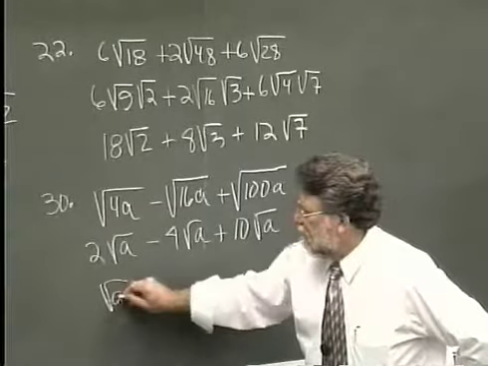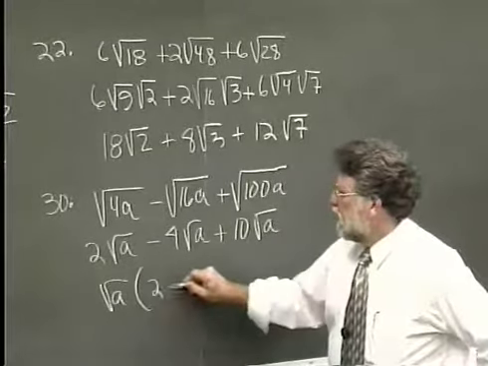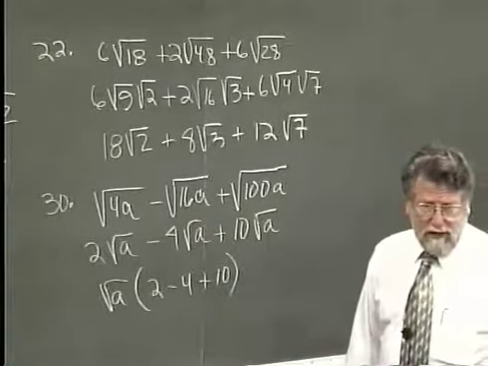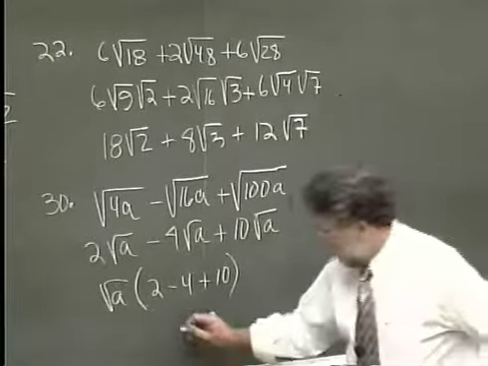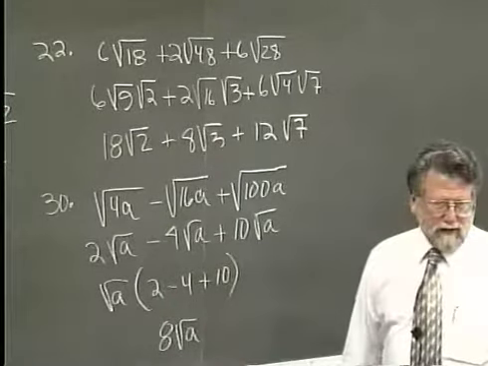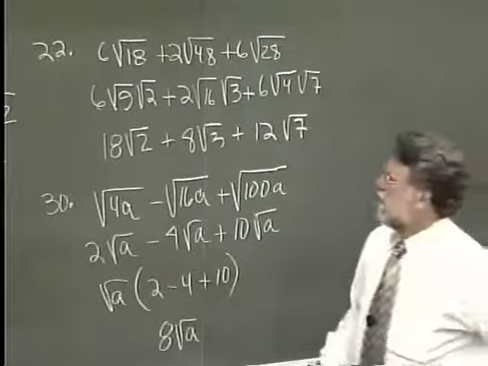The square root of a, if you prefer. Now you could do this part in your head. But 2 minus 4 plus 10, which is 8, agreed? So where am I going to put the 8? In the front. 8 the square root of a. Now, is that the only way you could have done that? No.